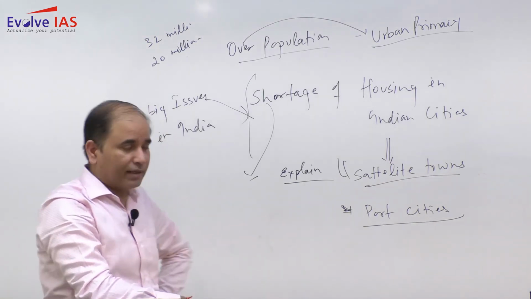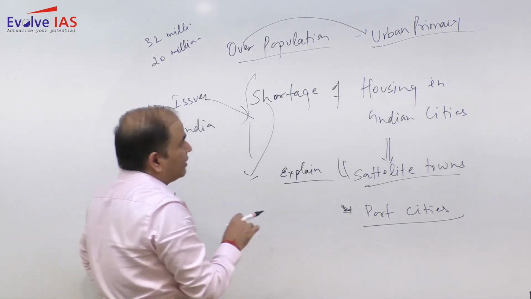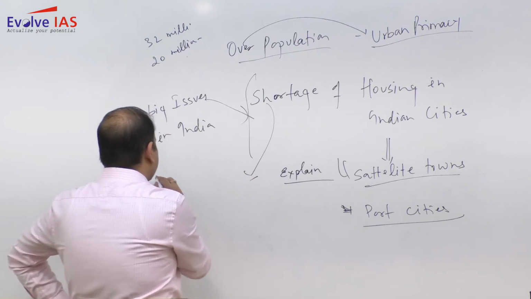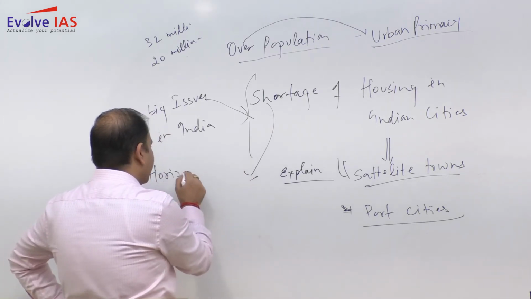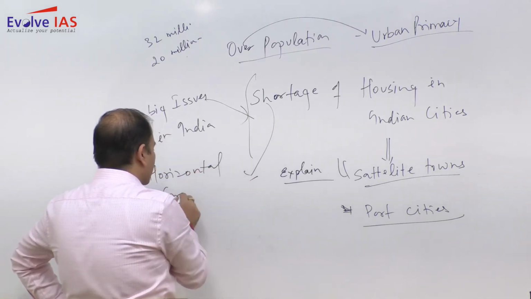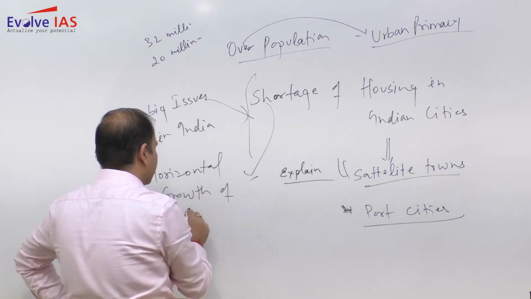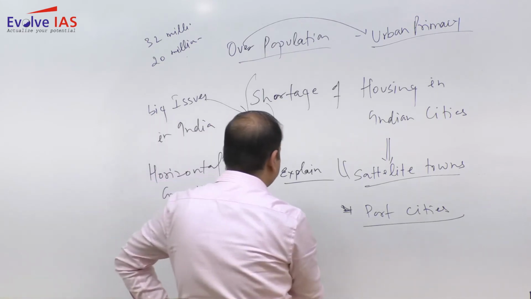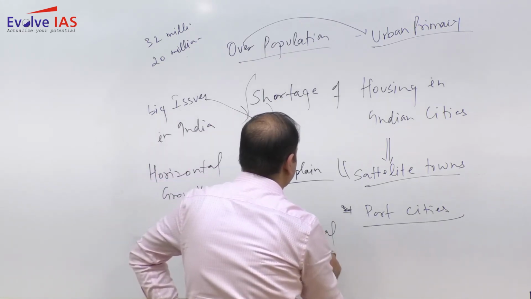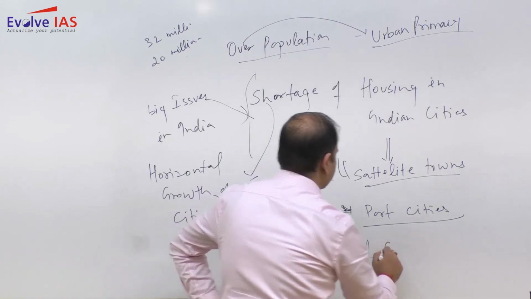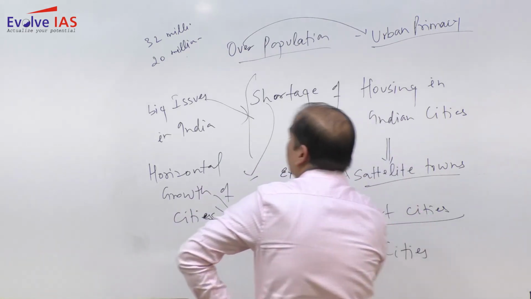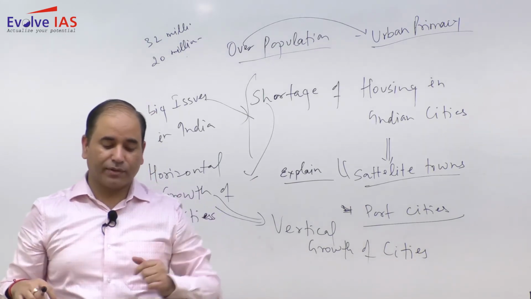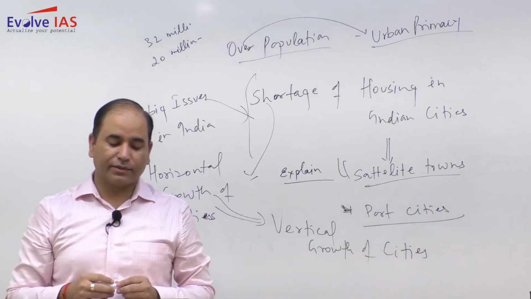The only way out, from the geographer's perspective, is that rather than focusing on horizontal growth of cities, now is the time that throughout the country we need to focus on vertical growth of the cities. So this is how you can write this question.